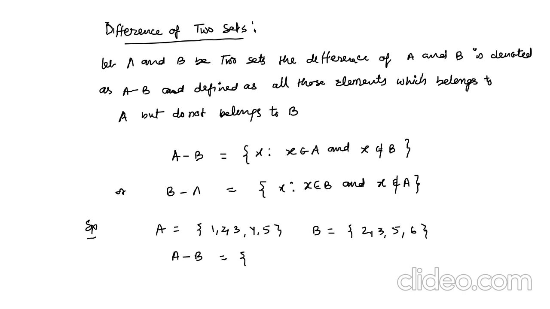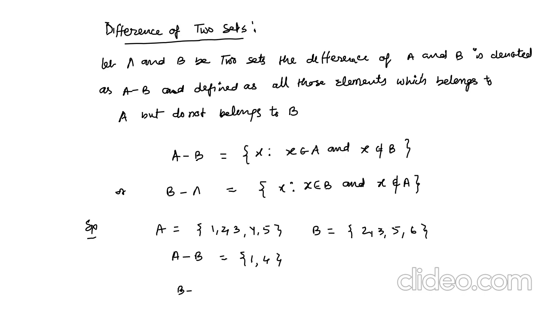Elements which belong to A but do not belong to B: 1 is not in B, and 4. Muskan, 5 appears in B also, so we cannot take 5. So 1 and 4.